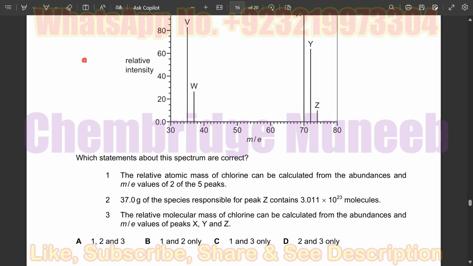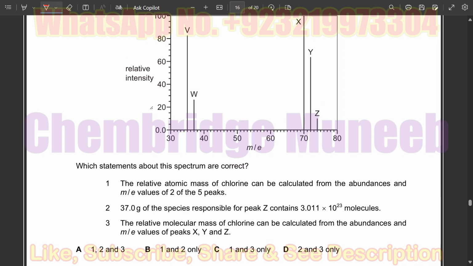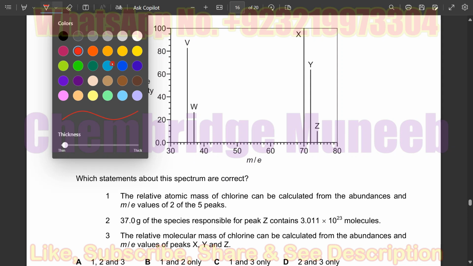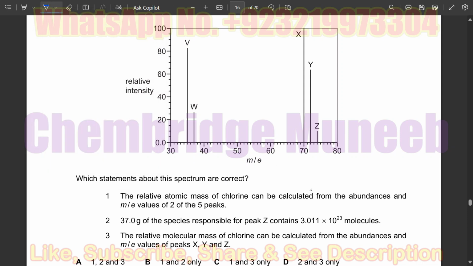Option 1 says that the relative atomic mass of chlorine can be calculated from the abundances and the m/e values of 2 of the peaks. So yes, we can calculate the relative atomic mass of chlorine.